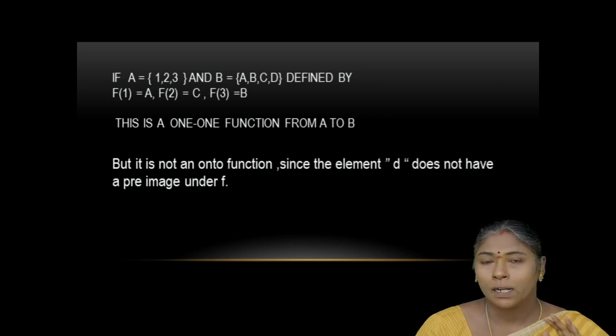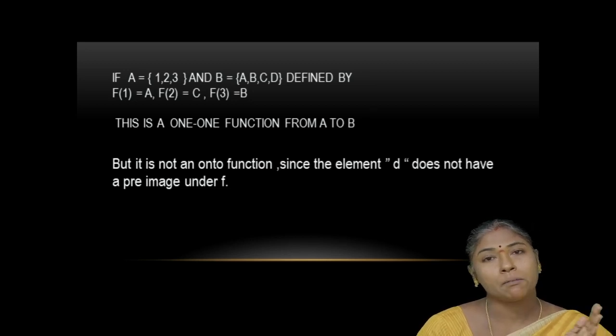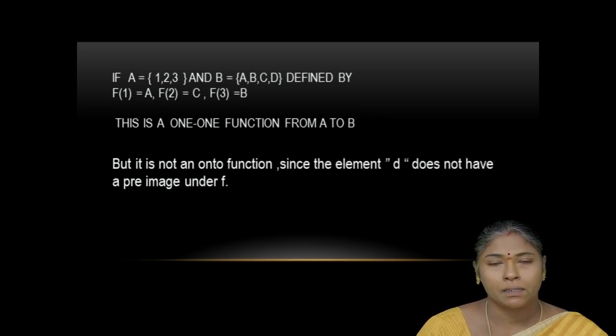Next, it is not an onto function since the element d does not have a pre-image under f. In set B, the last element d has no pre-image in the domain, so we cannot call it an onto function.